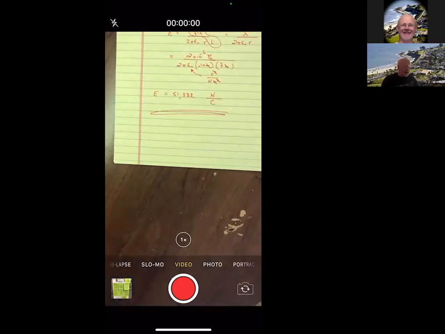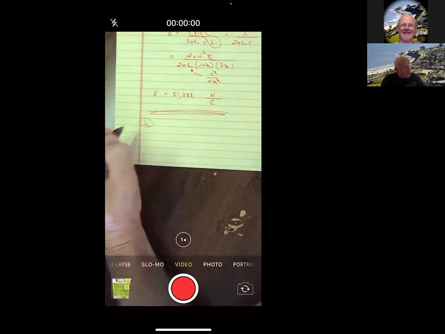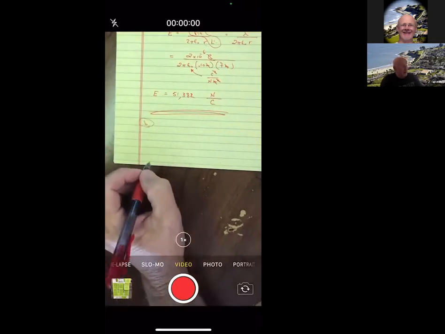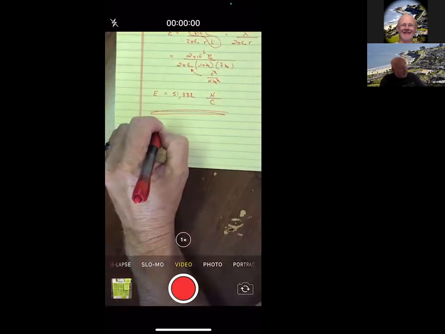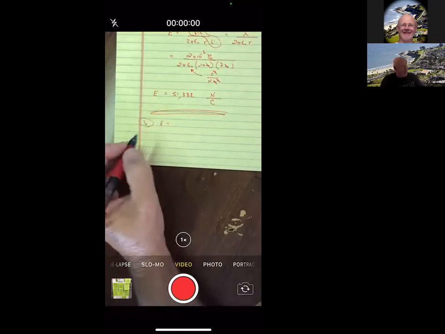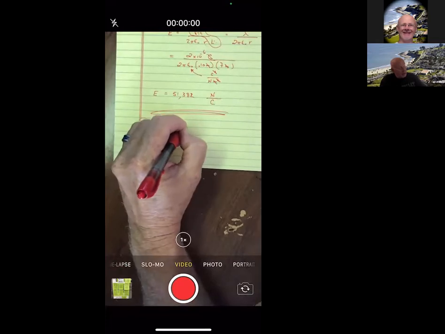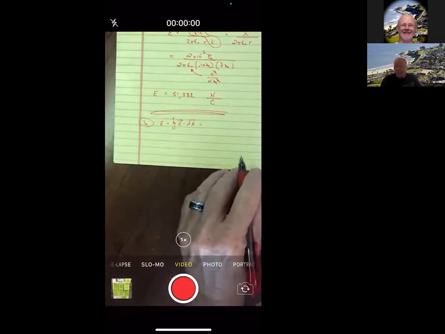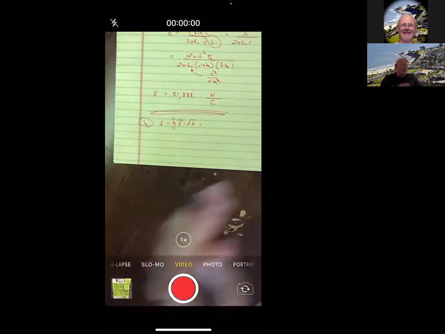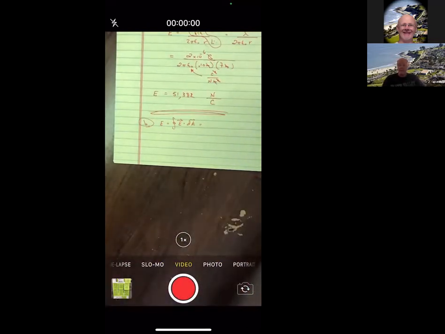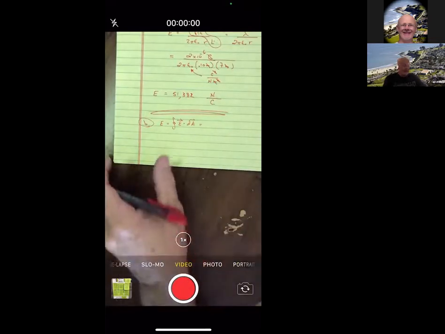Now the flux might be the easiest one to do here. The flux then is this integral of E dot dA. And I'm going to point out that we essentially did that, right?